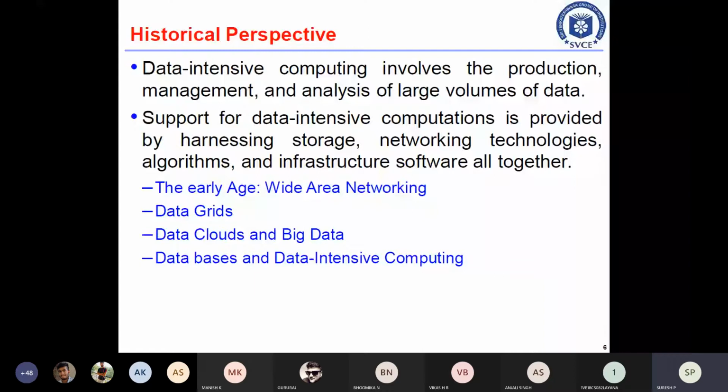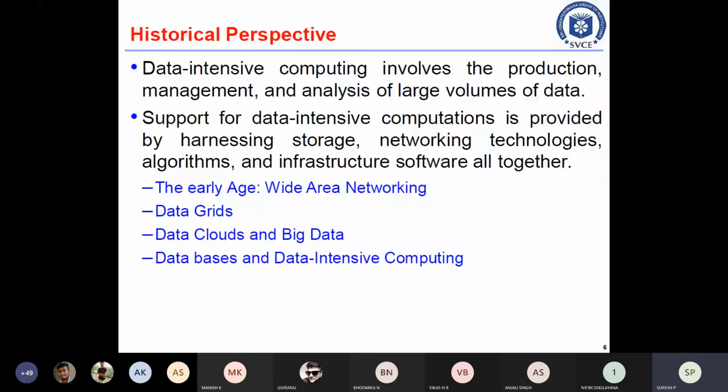According to history, in the earliest days they made use of wide area networking. After that, data grids evolved. With the help of data grids, they connected different parts of the world and did computation on a distributed infrastructure. Next, data clouds and big data came into existence.